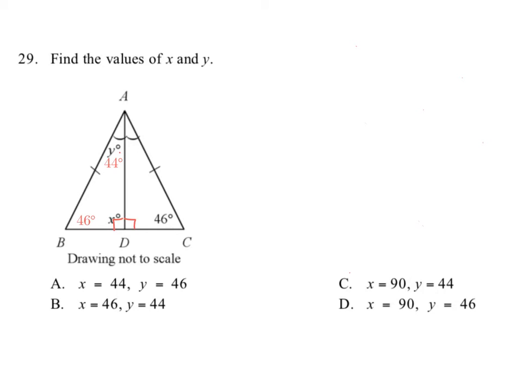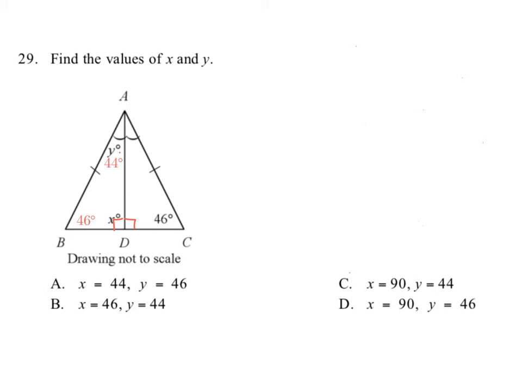So 90 plus 46 is 136, plus y equals 180, minus 136 from both sides, and y equals 44 degrees, as we had said.